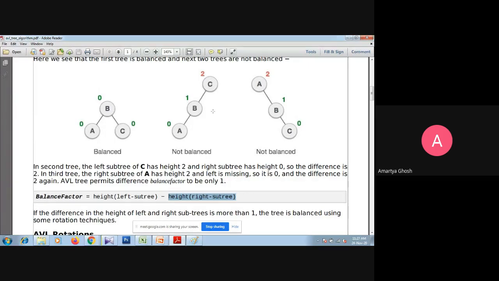You have to calculate for each node, every time for that particular node, the height of left subtree minus height of right subtree. Now C has two nodes in the left side and using two edges we can get the last node. So 2 is the height in the left subtree and the right side has no node so that is 0. So 2 minus 0 is positive 2.